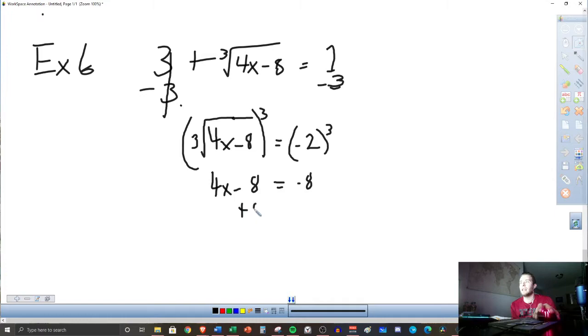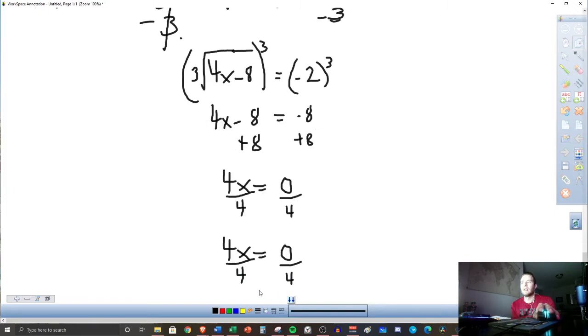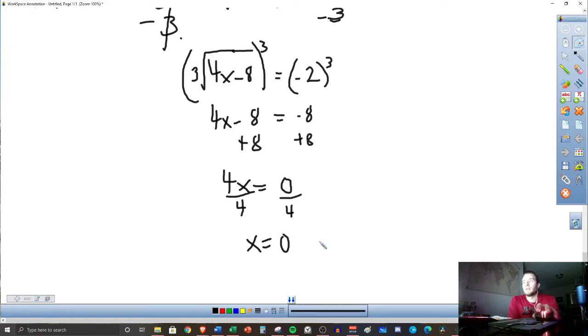We're gonna add 8. We get 4x equals 0. Divide by 4. 0 divided by anything is 0. Okay, so that's gonna be our answer. If we plug that in and check it, it would still work because we can take the cube root of a negative. So this is good.